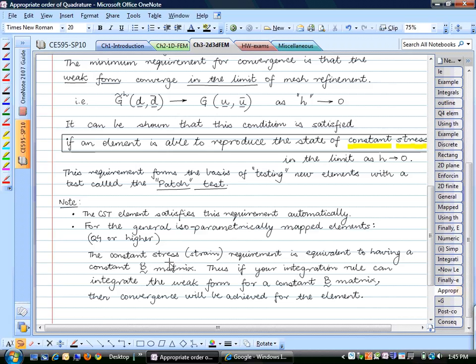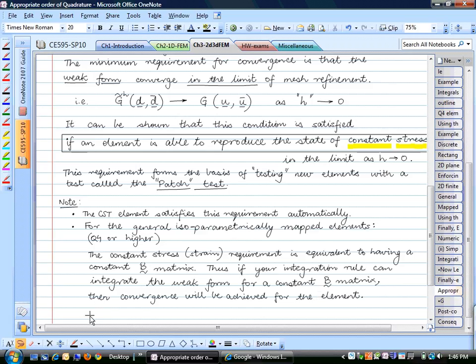So what we're saying is for any element, as we refine the mesh, our B matrix should become more and more constant. And that also makes sense that if the element is going to converge, then as the element size becomes smaller, the variation of stress within that element will be more or less constant.